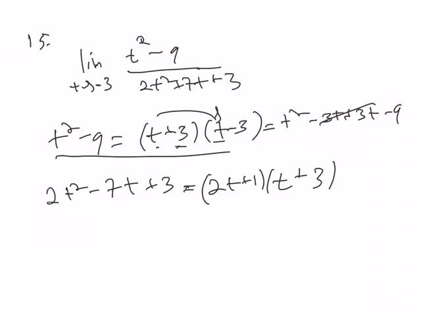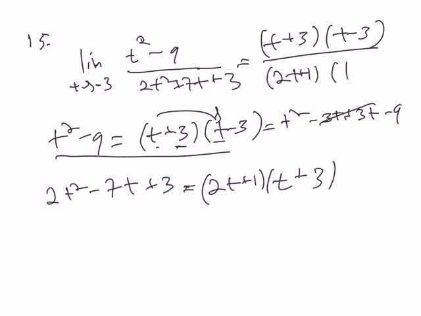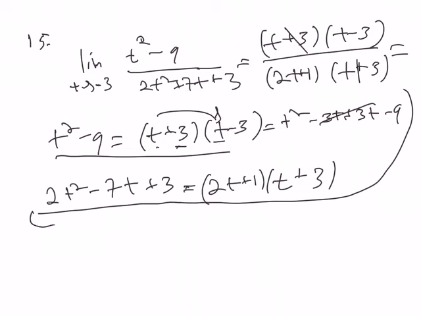So now let's put it together. This is going to equal t plus 3 times t minus 3 over 2t plus 1 times t plus 3. These cancel, so that becomes t minus 3 over 2t plus 1. Take the limit as t goes to negative 3.